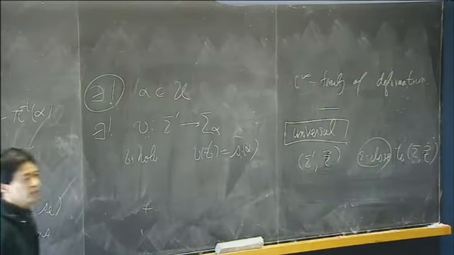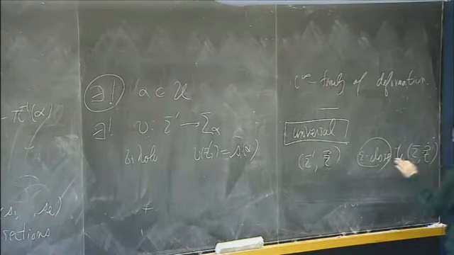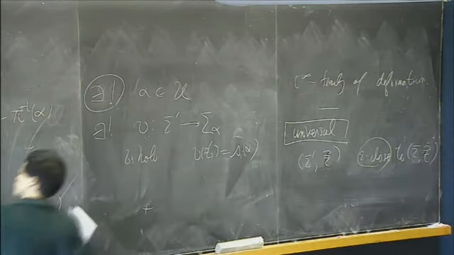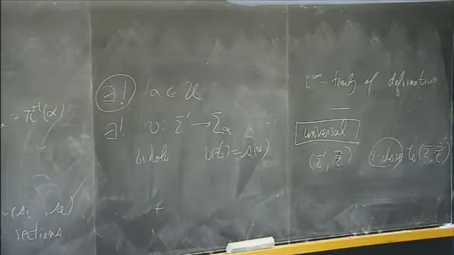That's all, right? So anything close to sigma with marked points z, you have a unique point on the base space so that what you see on the fiber is biholomorphic to the given one. Then you will say this is universal.